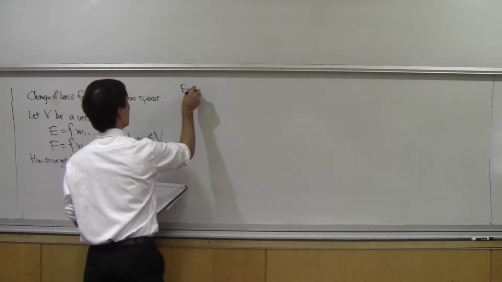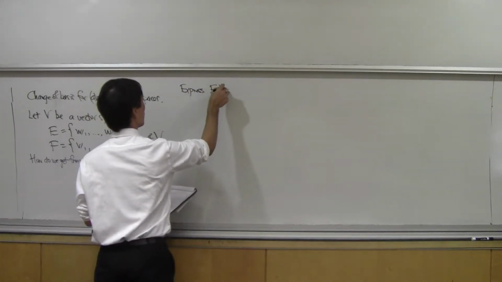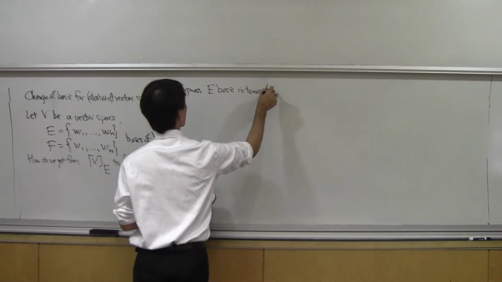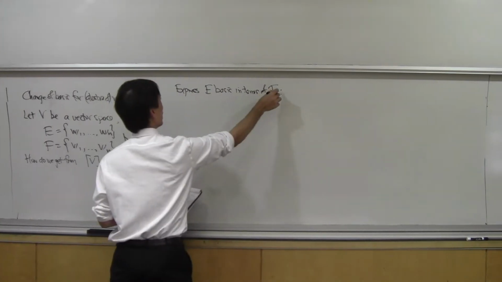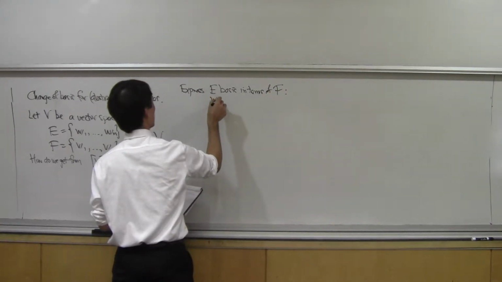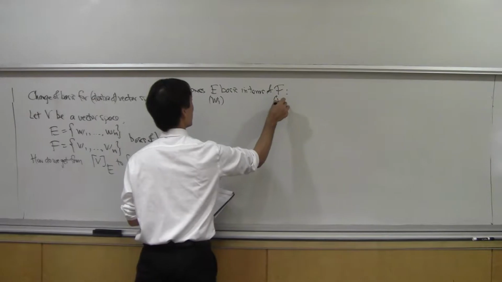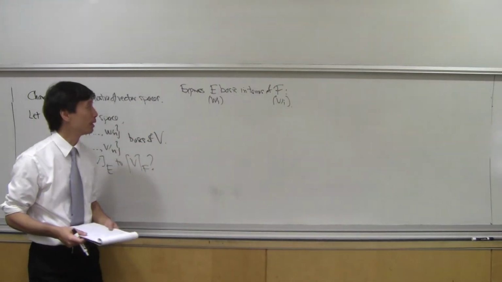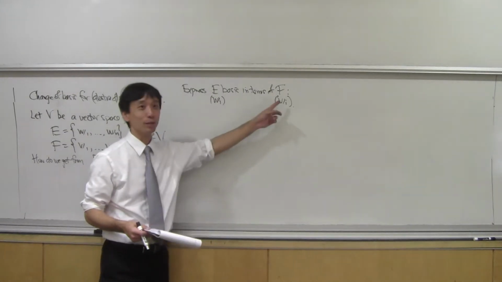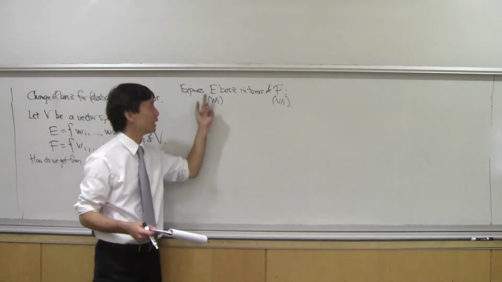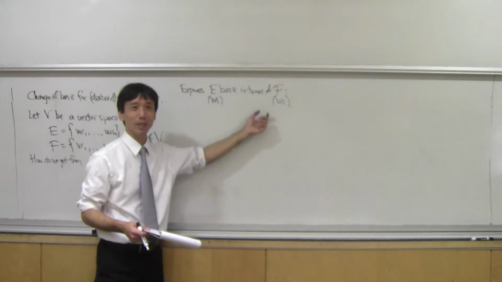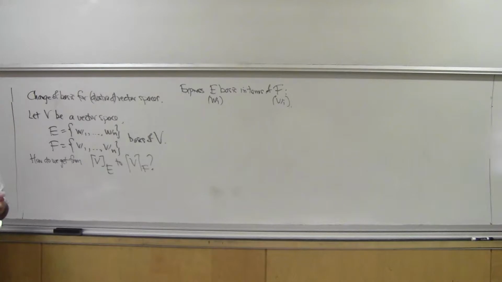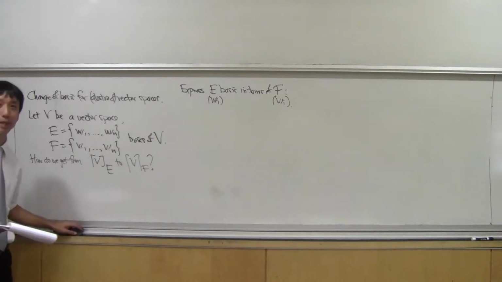Express the w_i's in terms of the v_i's. Someday I will fix my notes and make these guys the v_i's and those guys the w_i's, because E is before F, but V is before W. Sorry. I would do it on the fly now, but I'm worried that I'll make some mistake.